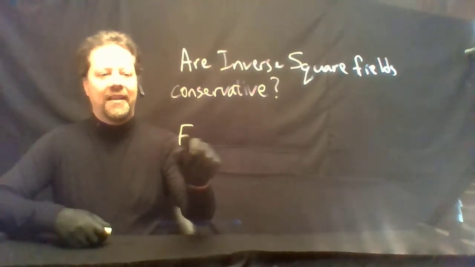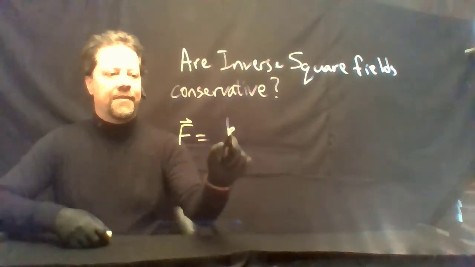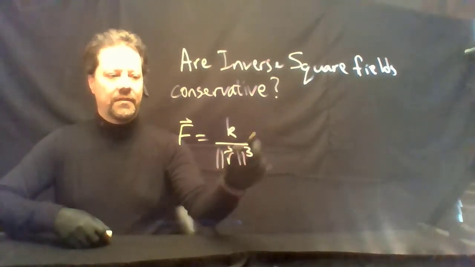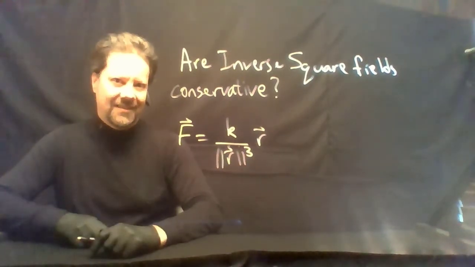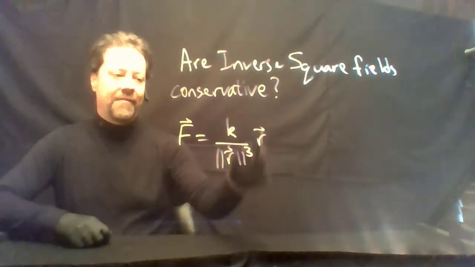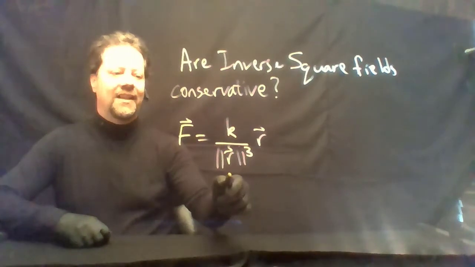Recall that inverse square fields were fields of the form k over the norm of r cubed times r, absorbing the normalization for the factor r into the coefficient.